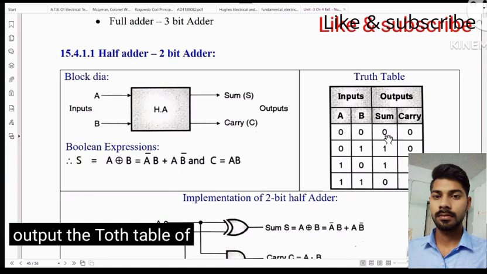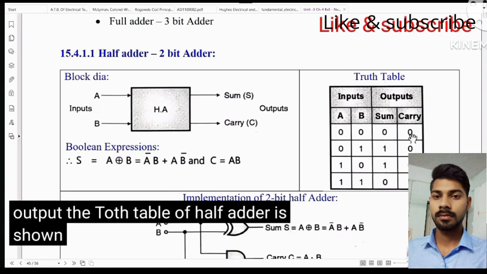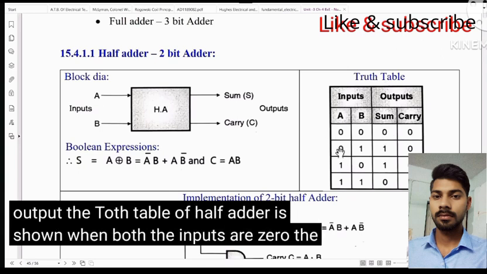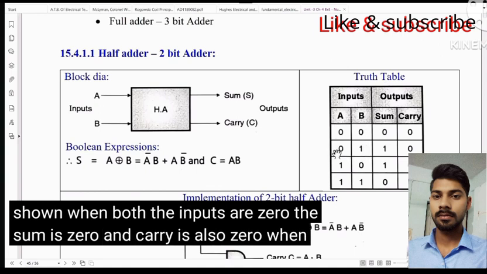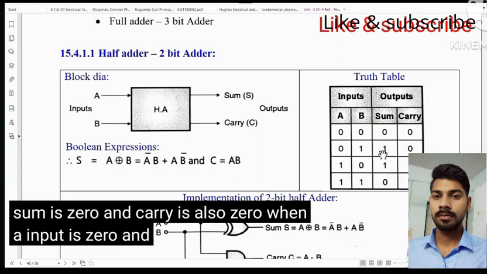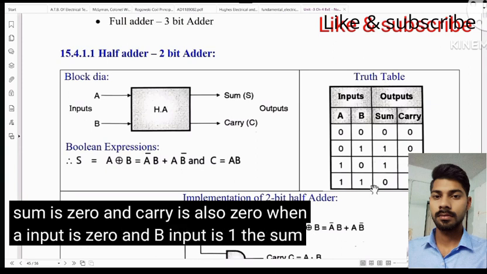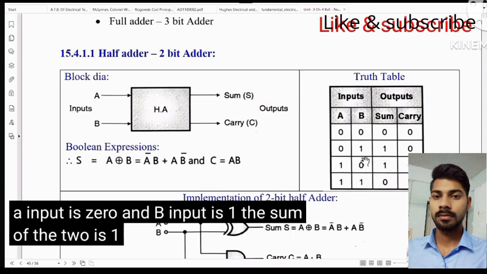The truth table of the half adder is shown. When both the inputs are 0, the sum is 0 and carry is also 0. When A input is 0 and B input is 1, the sum of the two is 1 and carry is 0.